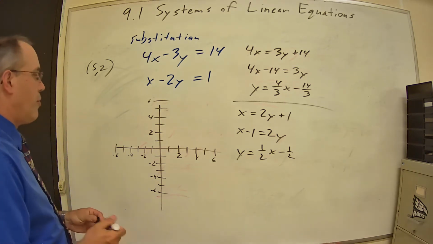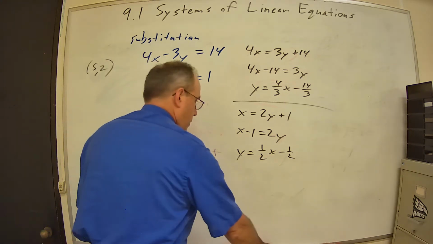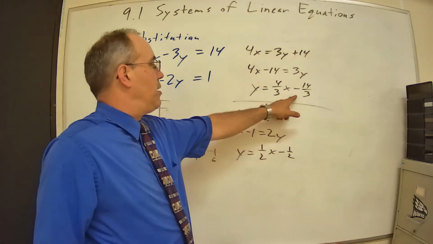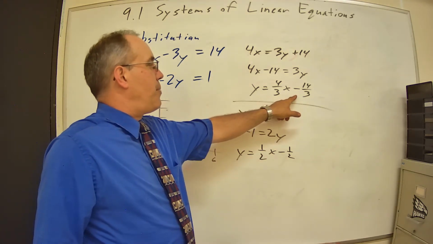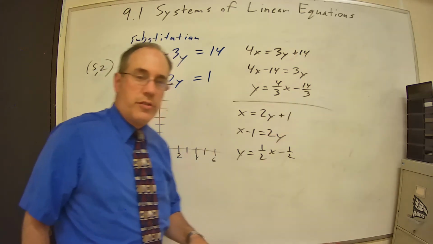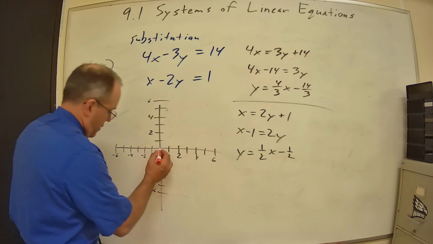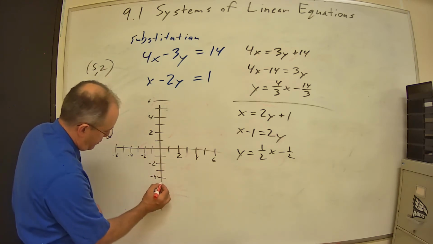So I've got those numbered. So the first equation, the y-intercept is negative 14/3. That's negative 4 2/3. So negative 4 2/3 puts it about right here.